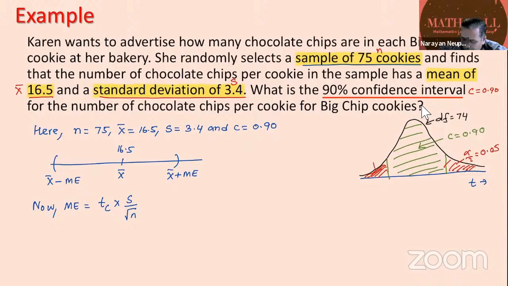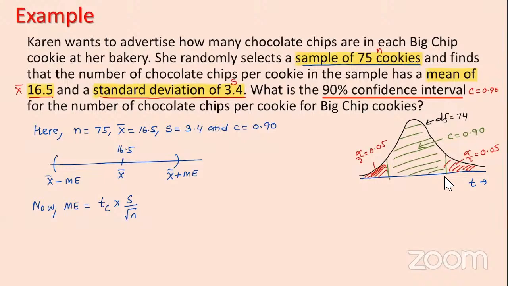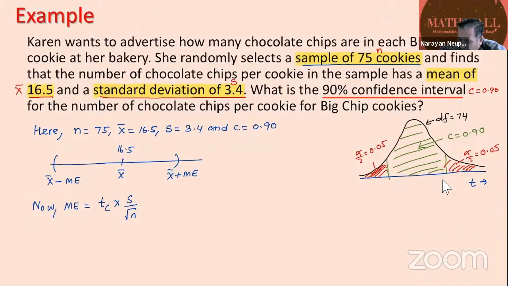So 5%, which is 0.05. And these values here, they are the critical values. So we can write them as t critical like that. This one will be negative on the left.